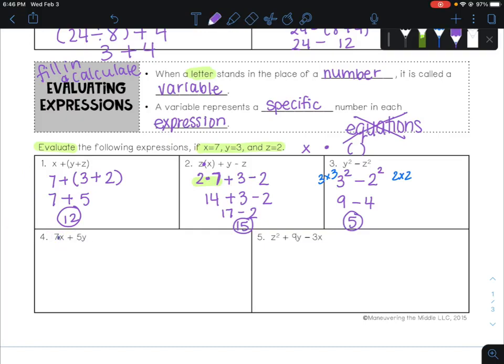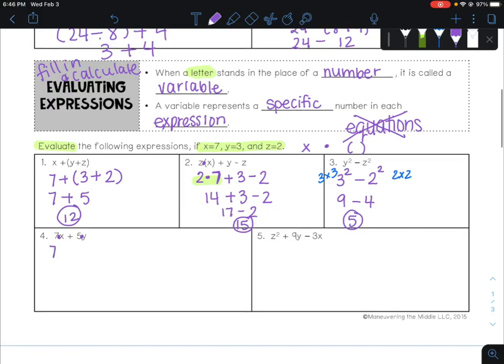So technically, there's an invisible multiply sign in between these. That's important because when we evaluate, we're filling in the number, and you can't write a number next to another number without an operation in between, unless you mean that you want this to say 77, which is not what we mean.